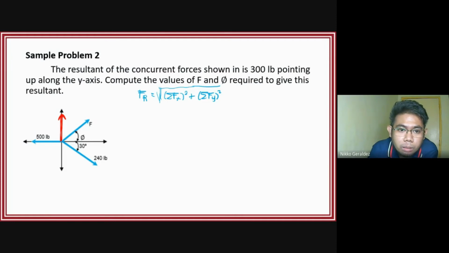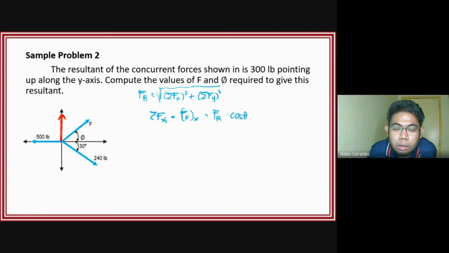Itong summation of forces along X is equivalent to the X component of the resultant force. To solve for the X component of the resultant force, that is FR cosine theta.